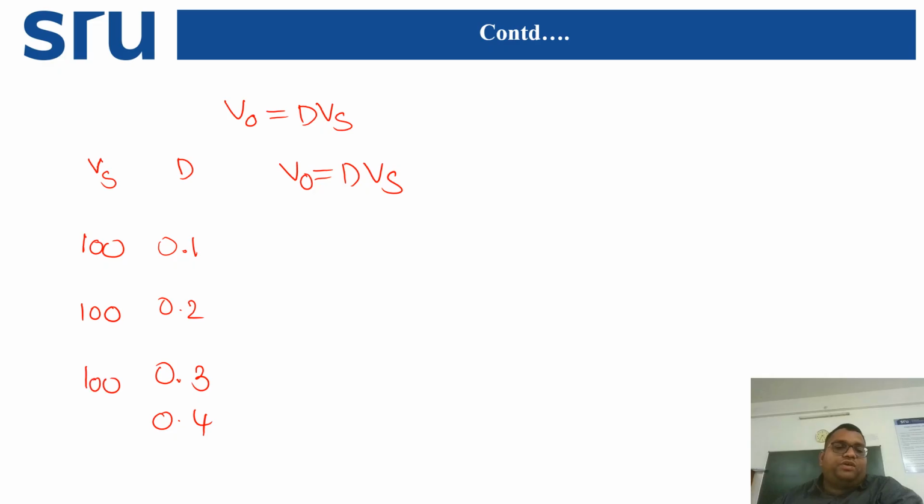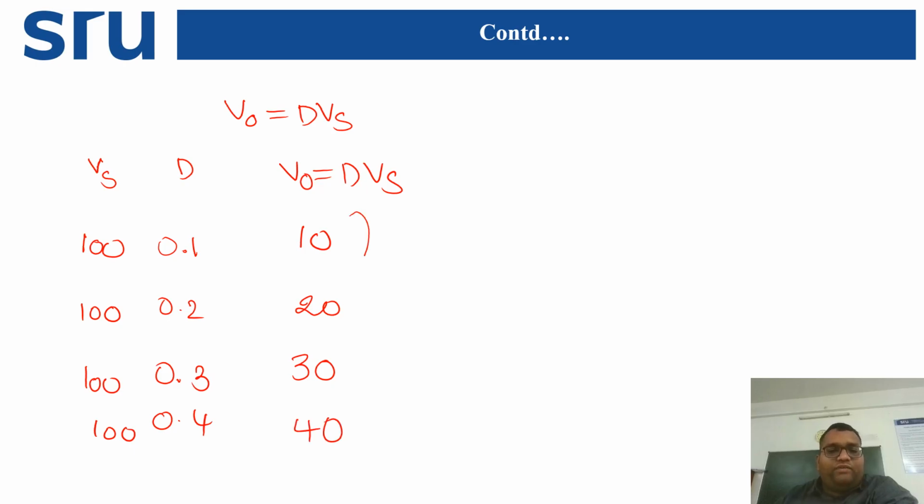So here the input voltage is constant, and the output voltage we are going to vary with respect to the duty cycle. Now what is the output voltage V naught? 100 into 0.1, how much? It will be 10. 0.2 into 100 is nothing but 20. 0.3 into 100 is nothing but 30. 0.4 into 100 is nothing but 40.